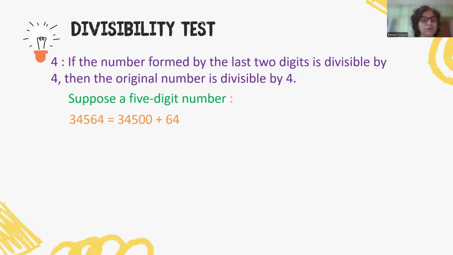We separate it into 34,500 plus 64. We take the tens and units digits separately. What we see is that 34,500 is basically 345 into 100, and this is divisible by 4. Why? Because 100 is basically 4 times 25.